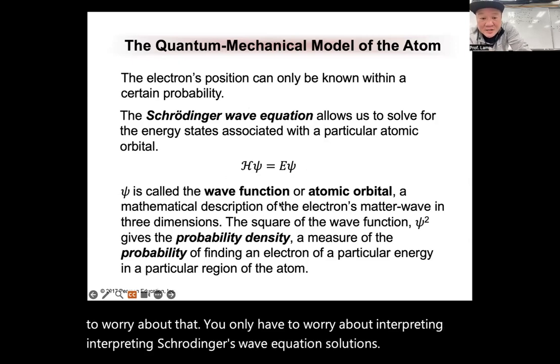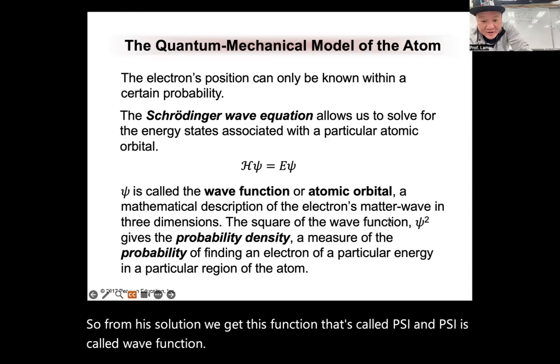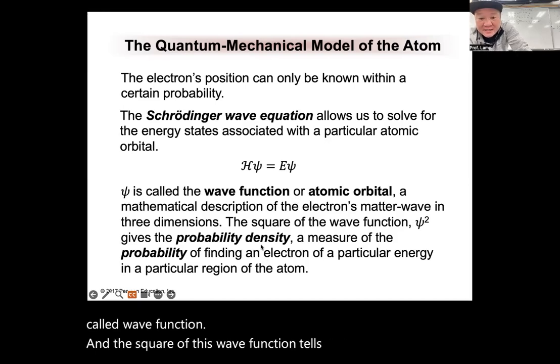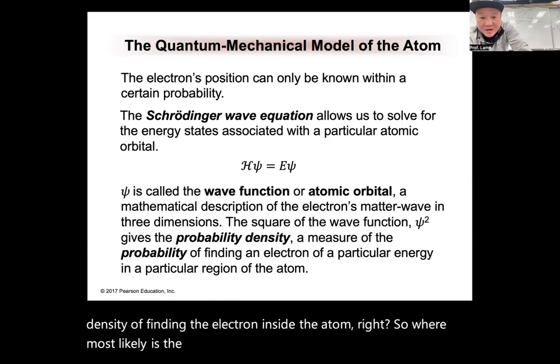So from his solution, we get this function called psi, and psi is called the wave function. The square of this wave function tells you the probability density of finding the electron inside the atom. So where is the electron most likely lying, based on mathematics, probability.